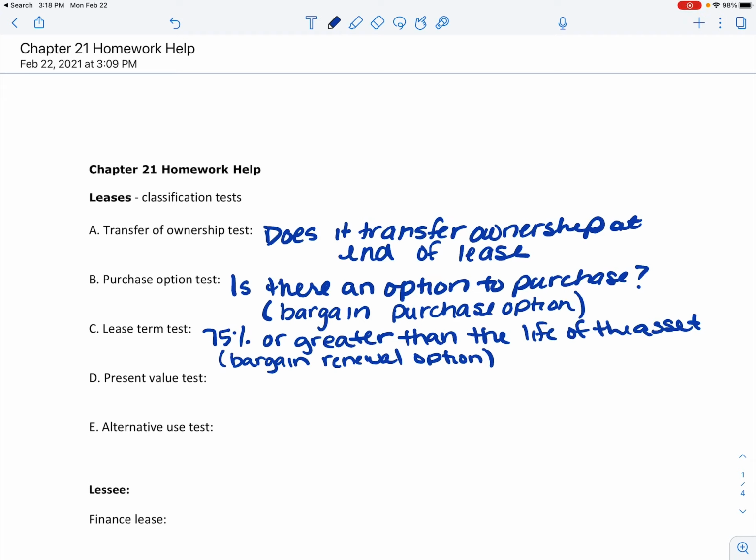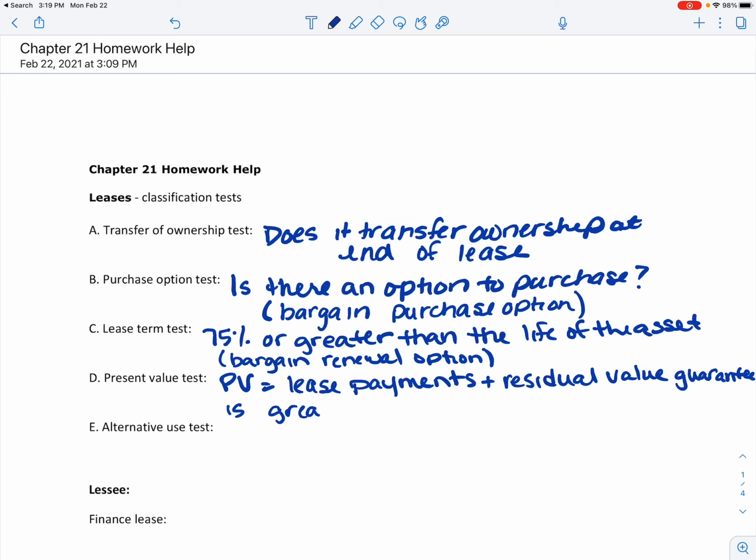If it is equal to the sum of the lease payments plus any residual value guarantee that the lessee has to pay at the end, is all of that greater than 90% of the fair value of the asset?